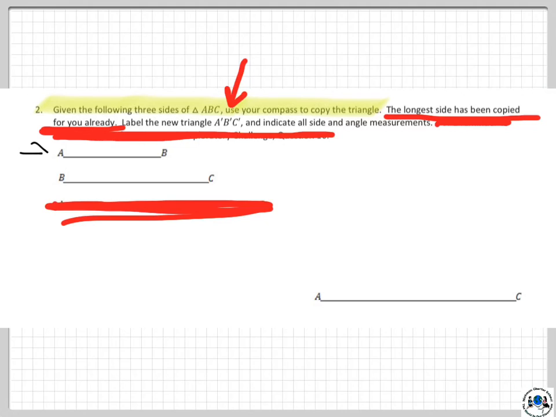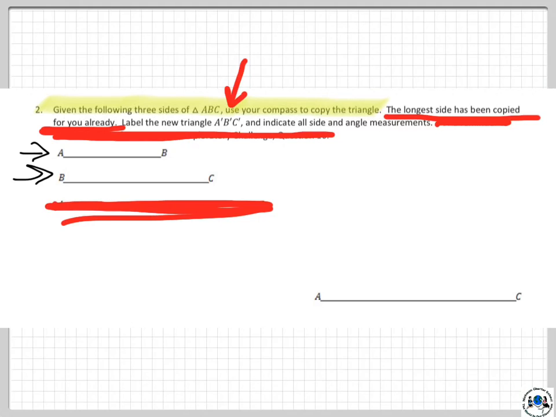I measured AB in my packet, and I come up with about 27 millimeters. So it's nothing clean in terms of centimeters. The BC segment here is 4 centimeters, which is nice, and then AC is also kind of kooky, maybe about 53 millimeters, 5.3 centimeters.